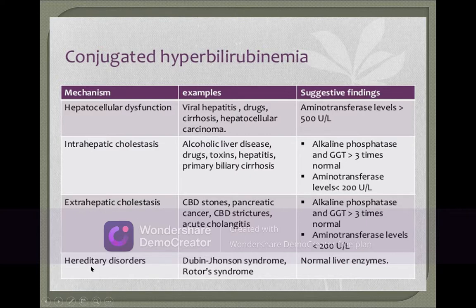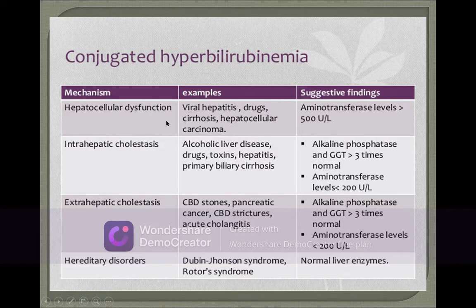And there are what are called the hereditary disorders. So hepatocytes are at stake. The conjugation occurs in the hepatocytes. In all of these cases, let's see this, the hepatocellular dysfunction: viral hepatitis or any hepatitis, drugs, cirrhosis, hepatocellular carcinoma, a very important hepatocellular dysfunction.